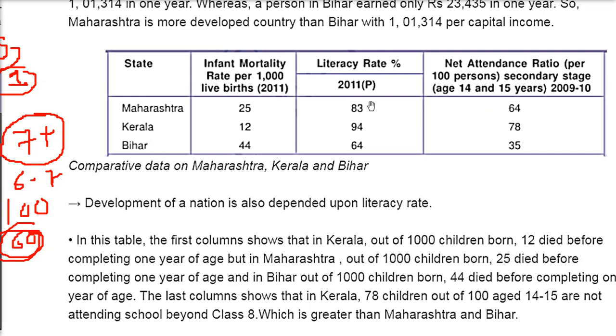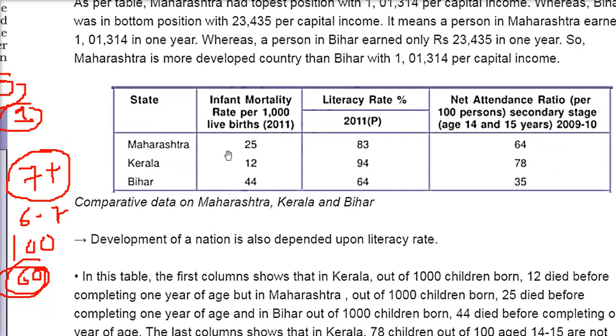But we see certain different things. Kerala is more literate. The education is more here. That is why, even though Maharashtra's per capita income is quite high, the kids who are dying are almost double that of Kerala.